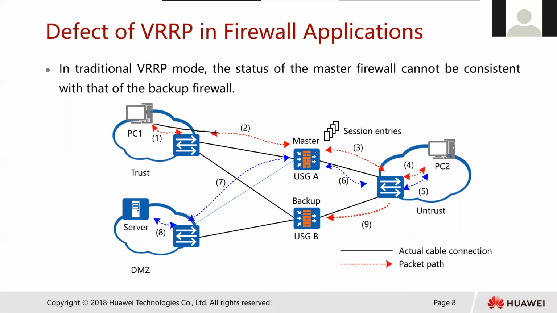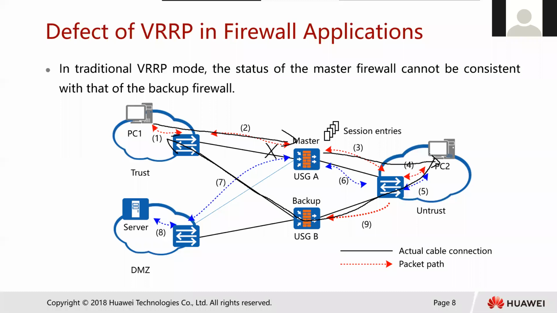That means that if a packet comes to PC2 and then this link is down, it can't reply the packet to PC1 this way. So it needs to reply the packet by this other way. That means the route for the direct way and the reply way is different.